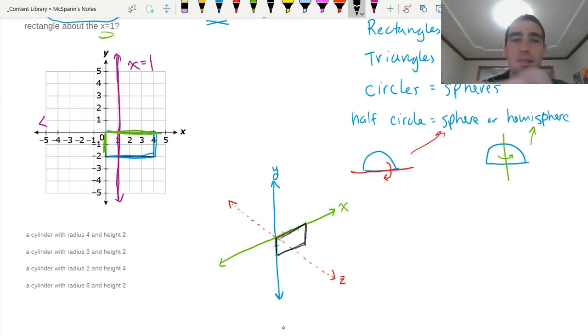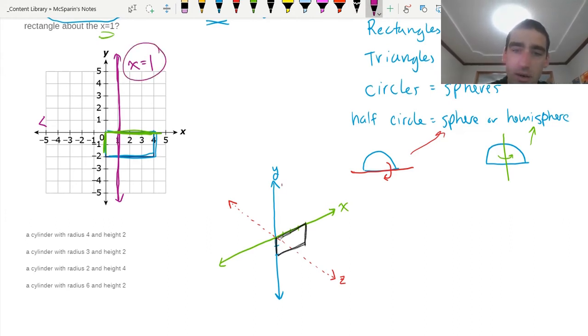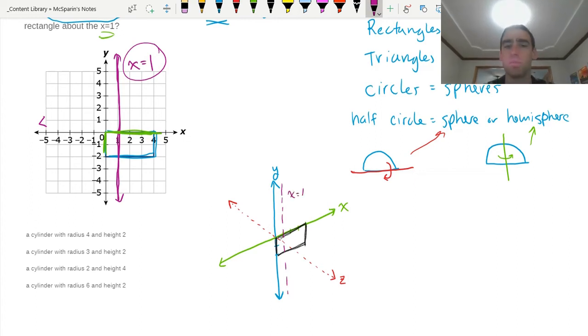Now, this is important because remember that x equals 1 is where the rotation is. That's x equals 1. So when I go to rotate around that, remember, it's just like saying that x equals 1 is my pencil, and I'm going to rotate around.